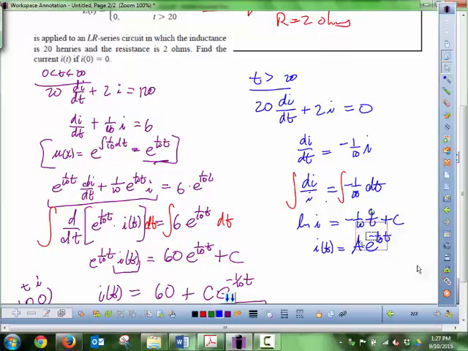But we had an initial condition for the first one. Our initial condition was I of 0 is equal to 0, but here we don't have t equal to 0. We have t starts off at 20. So we can pretend that it starts off at 0 and then do an offset, but we still need to know what the y value is.